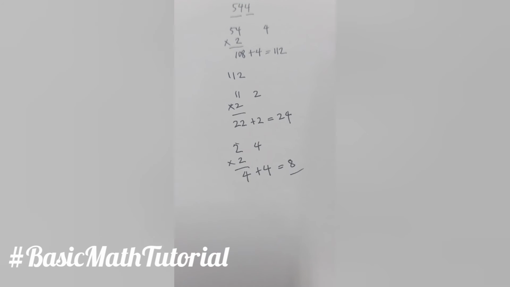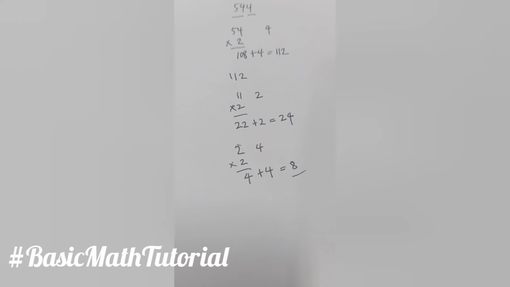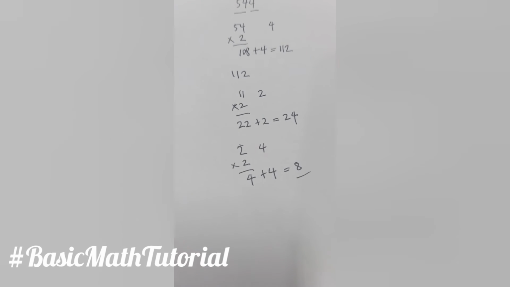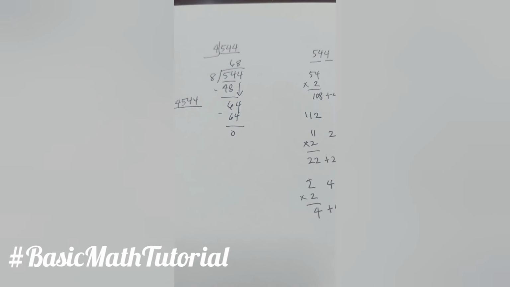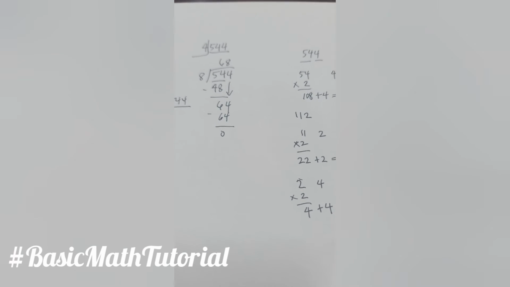We only perform multiplication process, but it's not by 8. It's multiplication by 2. Then we also have the addition. Multiplication by 2 and addition are operations that are easier to perform as compared to the actual division divided by 8.